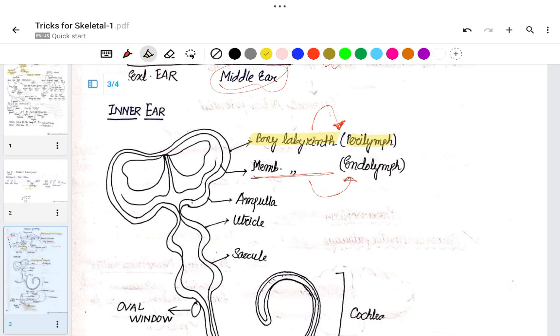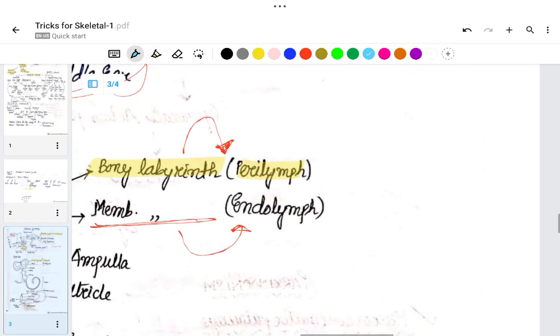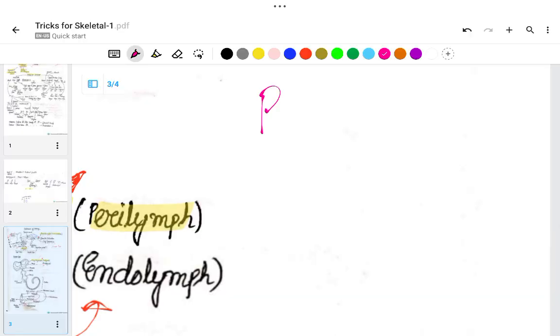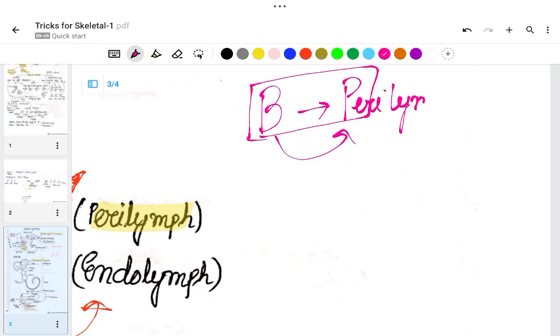So, how to remember bony labyrinth and membranous labyrinth? B for bony, B for bony labyrinth contains perilymph. P is very much alike to B. So bony labyrinth contains perilymph, and the membranous labyrinth contains endolymph.